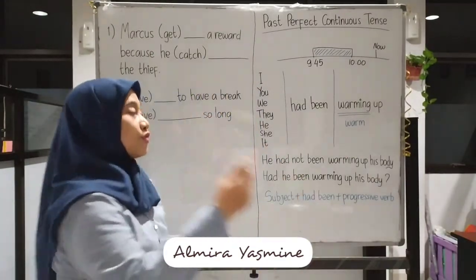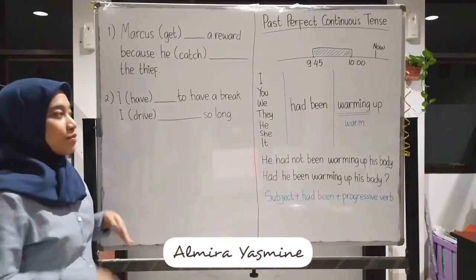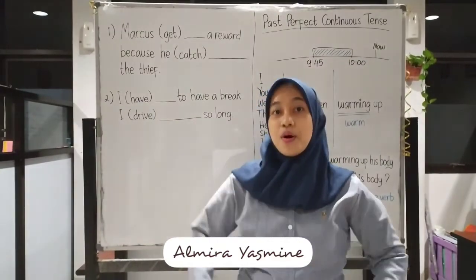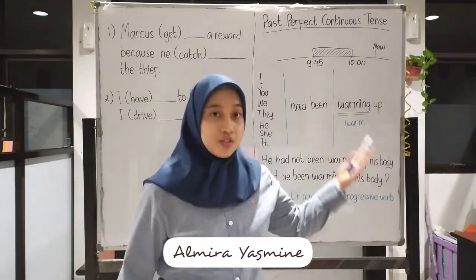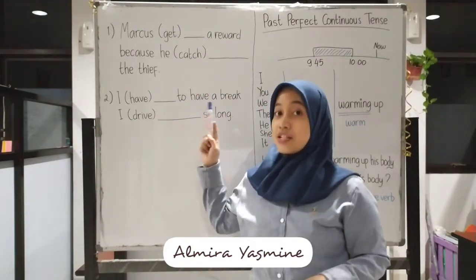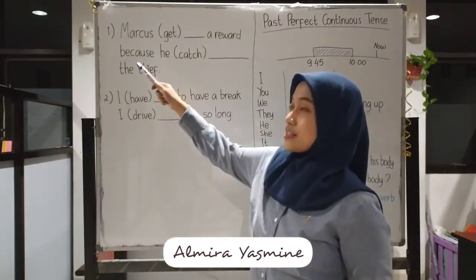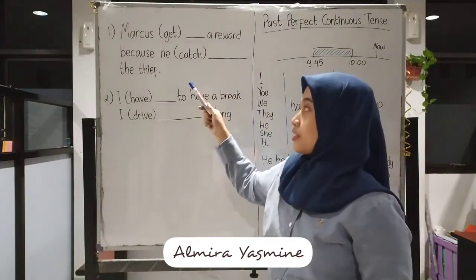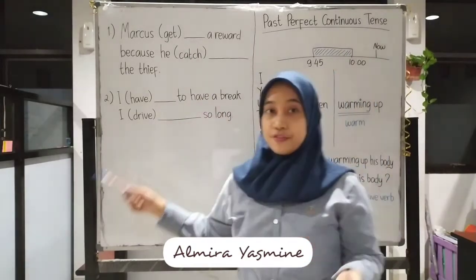And then we move on to the exercise, because before we have explained the past simple tense, the past perfect tense, and also the past perfect continuous tense. Let's try to answer these questions. Number 1: Marcus got a reward because he caught the thief.